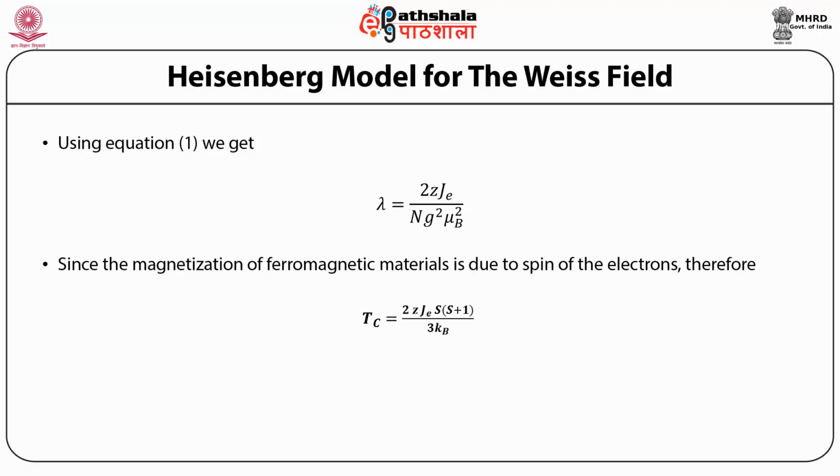Therefore, from this Heisenberg model we conclude that the necessary and sufficient conditions for ferromagnetism are the existence of incomplete internal atomic shells and a positive exchange integral, because from the curve it is clearly described that if we want ferromagnetism, then the exchange integral must be positive, and the ratio Rab over R naught should be greater than or equal to 3.